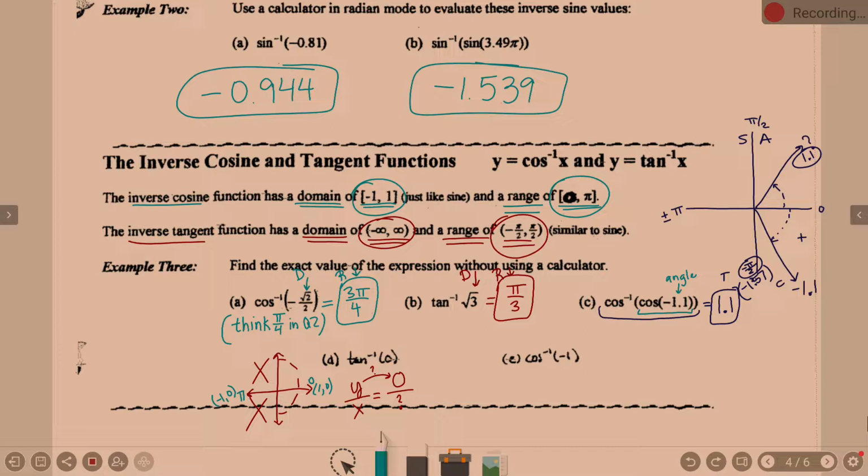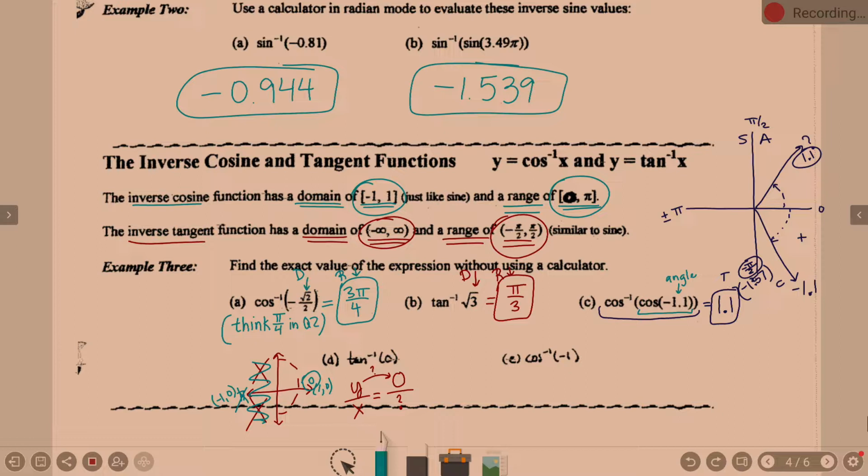But what about tangent inverse? Which one do I have to use? Can I use pi? No, because pi, we can't use this side at all, can we? So I can't use pi. So what do I have to use? We have to use 0.